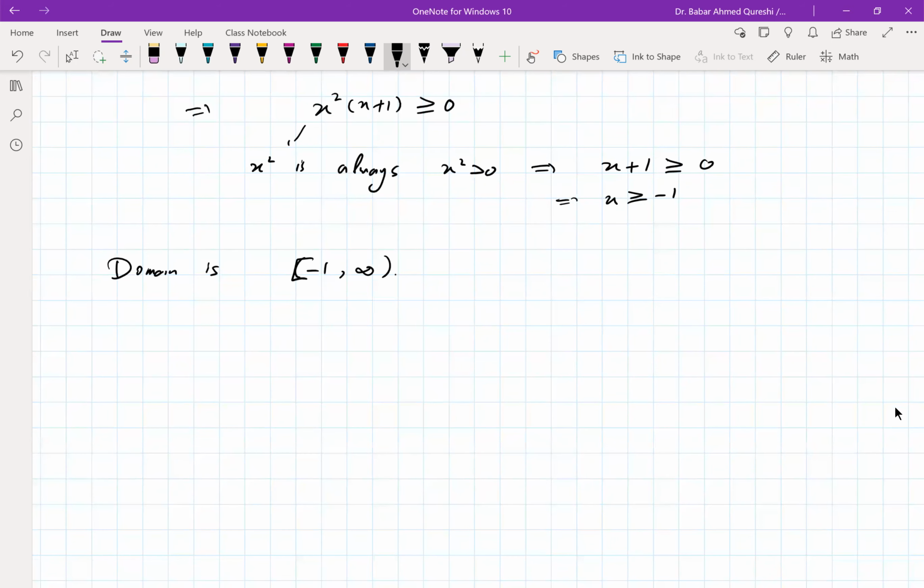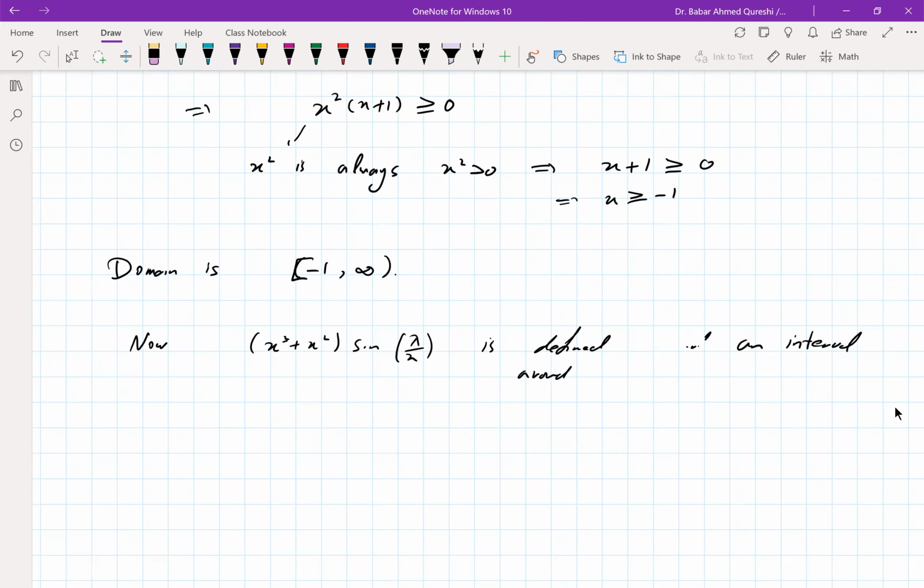So the domain, now x cube plus x square sine pi over x is defined on an interval around x is equal to 0.